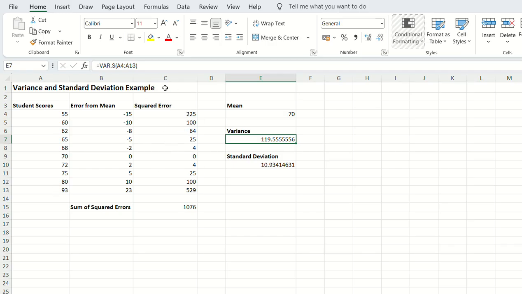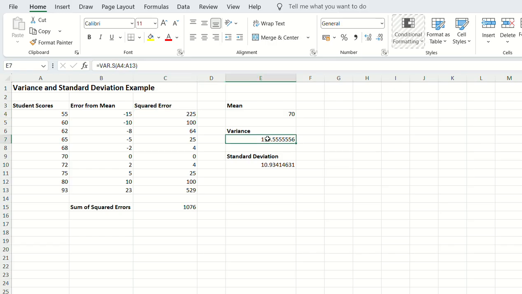If you want to calculate manually, you have the manual formula, which is the sum of the squares: take each student score minus the mean and square them, sum all the squares, and divide by the number of values minus 1. This is our manual formula, and we can calculate the variance out of that as well.